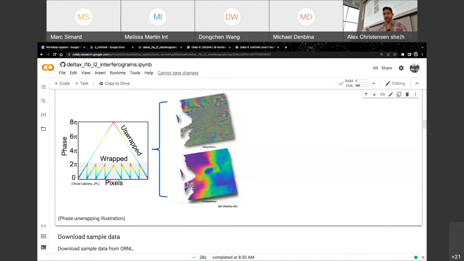It's the same data. After some processing, you change the wrapped one on top into the unwrapped one. Imagine that the image was like a folded page, and you had to stretch it so that you know how long the page is.